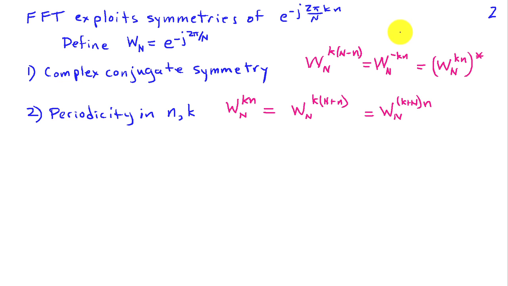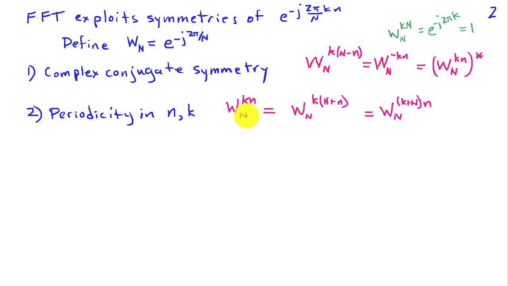And it's easy to see here that W sub N to the kN is exactly equal to, well, let's write it out. It's e to the minus j 2 pi times k, because the N's cancel, the 2 pi over N cancels with the N here, and this becomes exactly 1. The second property that plays an important role is periodicity.